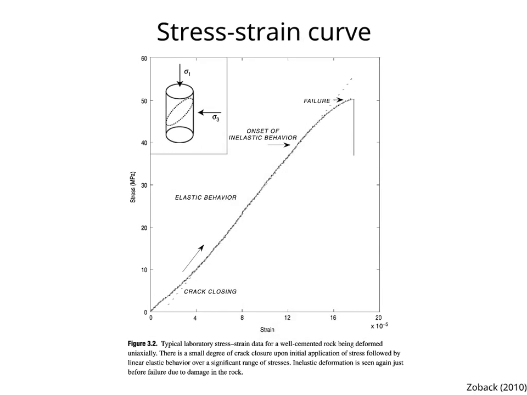The x-axis is the axial strain, and the y-axis is the differential stress, sigma 1 minus sigma 3. The stress-strain curve is first nonlinear because of cracks closing in the sample. Then, the behavior is linear or elastic, followed by nonlinear or inelastic, and finally rock failure, which is marked by a drop in the stress.